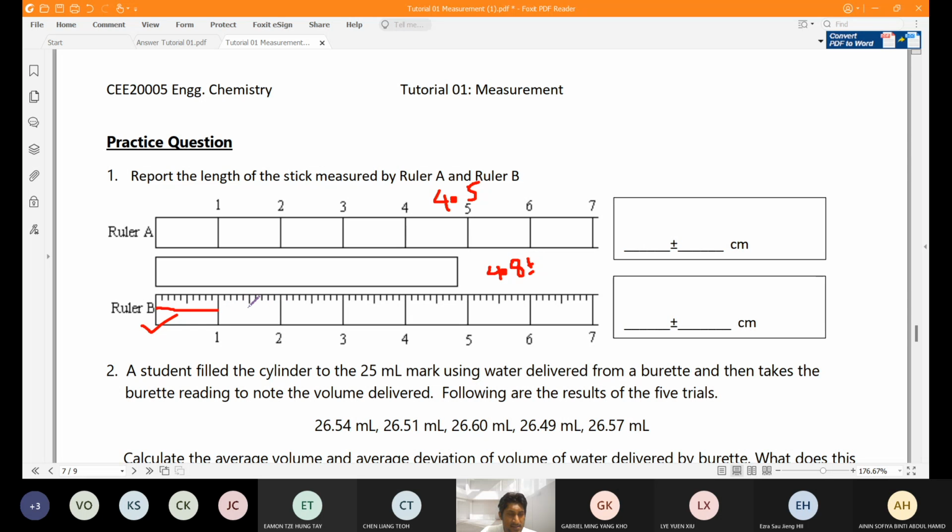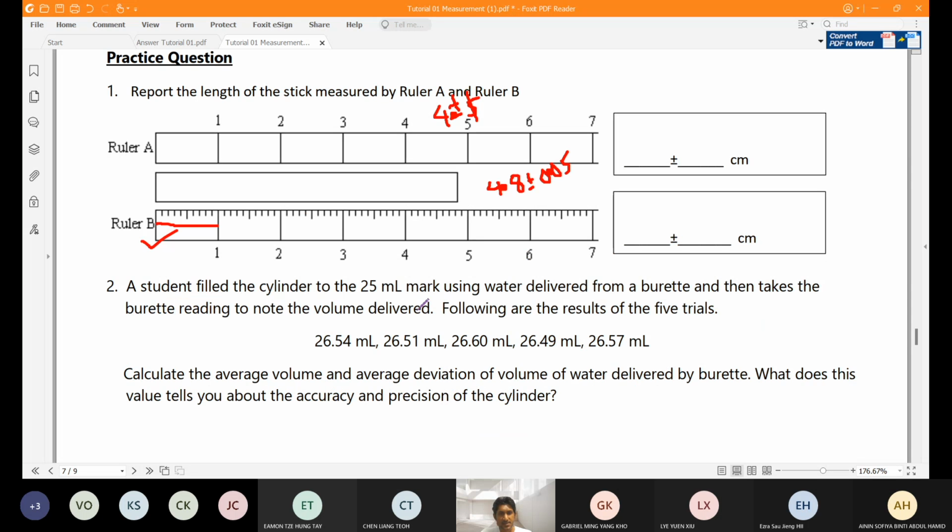I don't know, if it is divided into 10 parts, it will be 0.05, right? It will be like that. But this one is 4 plus minus 1, because this is the difference. So plus minus 1. It is not that precise anymore. It's not precise at all.